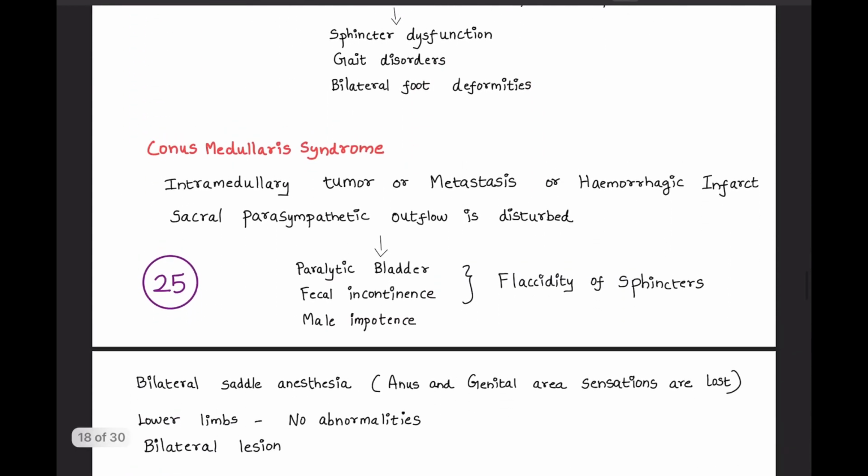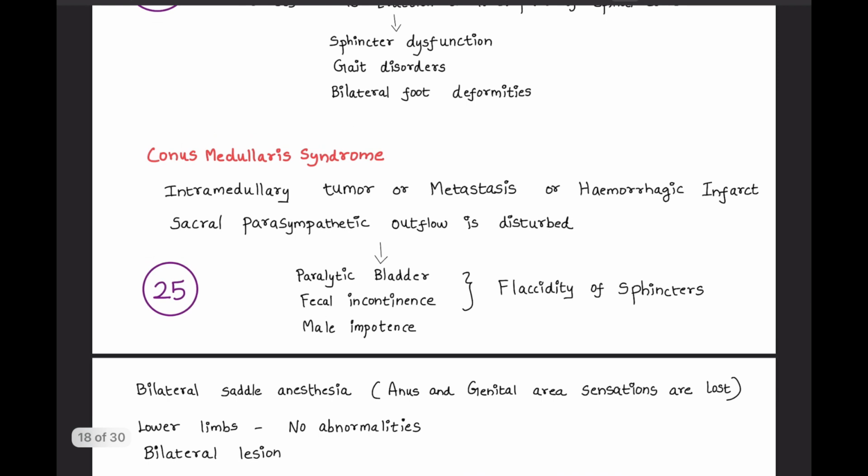Then Conus Medullaris syndrome. It is due to intramedullary tumor or metastasis or hemorrhagic infarct. Metastasis means if there is a tumor in any part of the body and it spreads, for example, if the tumor is in your lungs and it spreads to the spinal cord, it may cause Conus Medullaris syndrome.